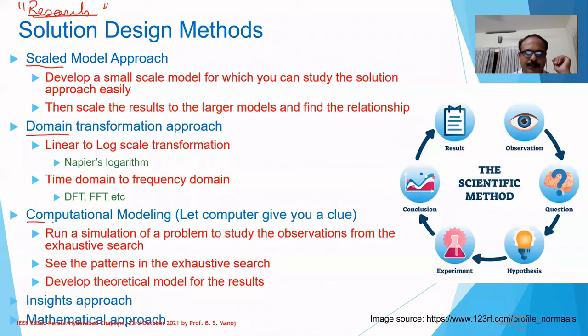The third is to use computational modeling or simulators, which use computing power so that you get a clue of the research, or sometimes even the solution itself can come from that computational model. The fourth is an insights approach, where research insights can be obtained, which can solve very hard problems. And the fifth is a mathematical approach, where you derive the expressions. I'll cover the first four in detail, as the mathematical approach is fairly well known.